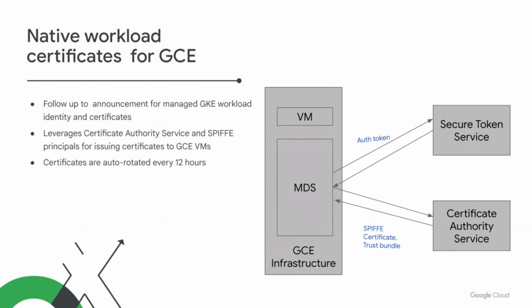And these certificates are automatically rotated every 12 hours and are issued through our other service called Certificate Authority Service. This is very similar to the work we did last year for GKE, where every pod would get a similar certificate that is also rotated every 12 hours, also issued from Certificate Authority Service. As you can imagine, we're trying to make this as seamless as possible when it comes to the GCP platform.